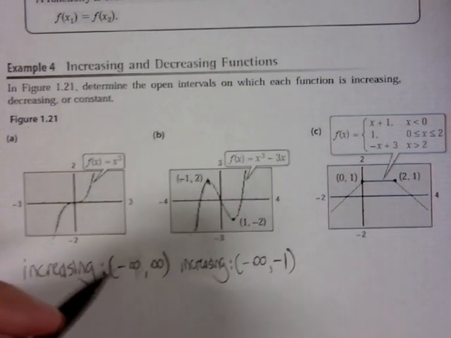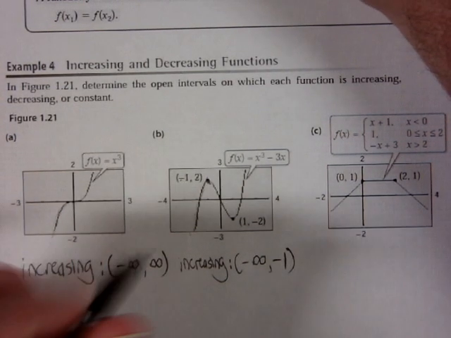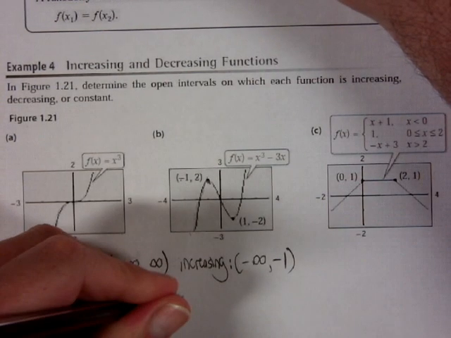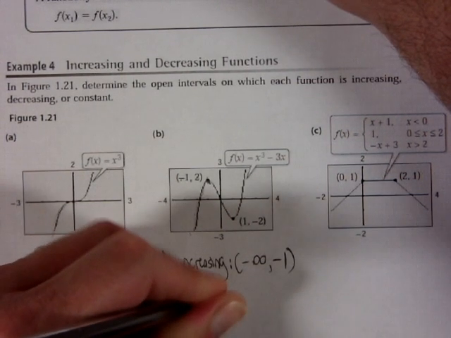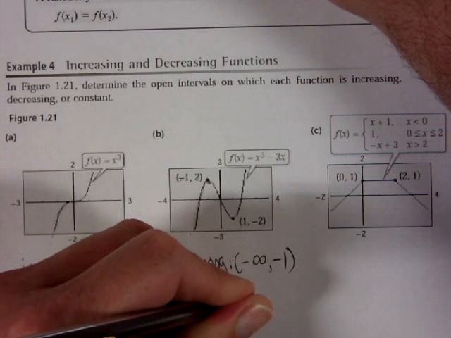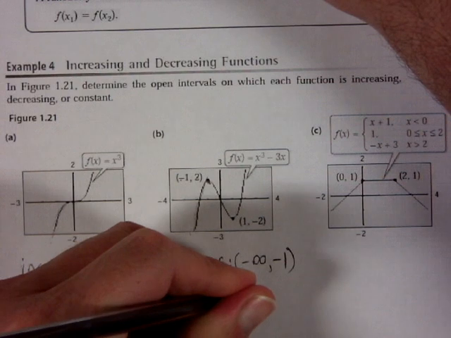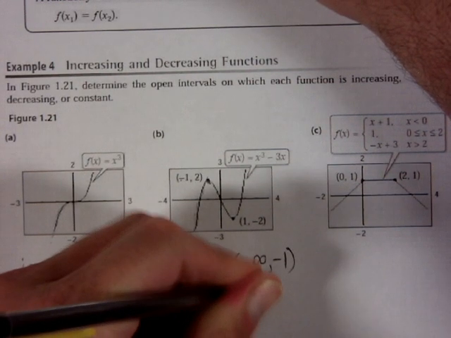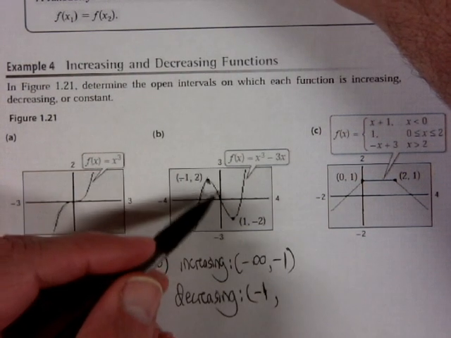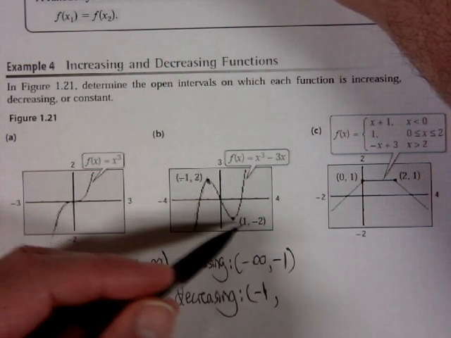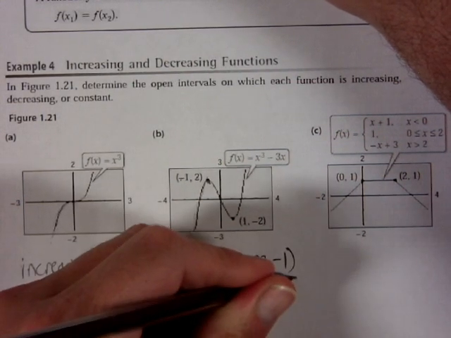So at negative 1 now, it begins to start decreasing. Okay, we know this thing is decreasing. And where does it start decreasing? Well, it starts decreasing at negative 1, and it decreases all the way to here, which is at positive 1.